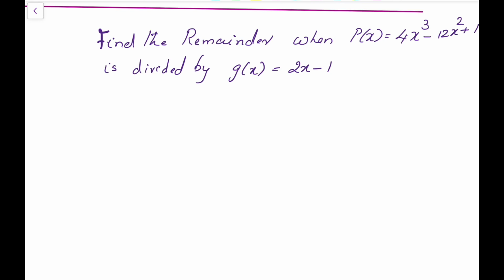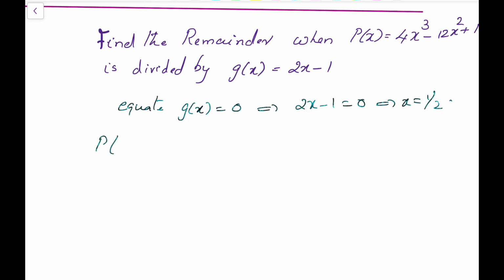When p of x is divided by a linear polynomial g of x, which is x minus a, then p of a is the remainder. For finding that a value, you have to equate g of x equal to 0. So you will get 2x minus 1 equal to 0, so x is equal to half. Now you put p of half.